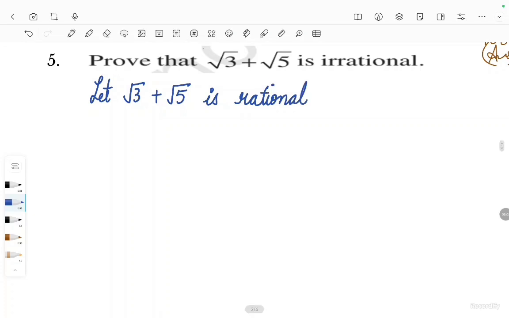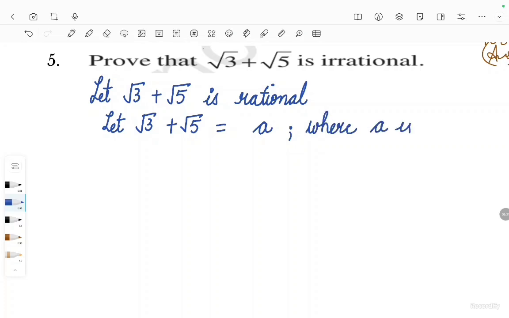If the number is rational, we can write root 3 plus root 5 equals a, where a is rational. Therefore we can write root 3 equals a minus root 5. Done.